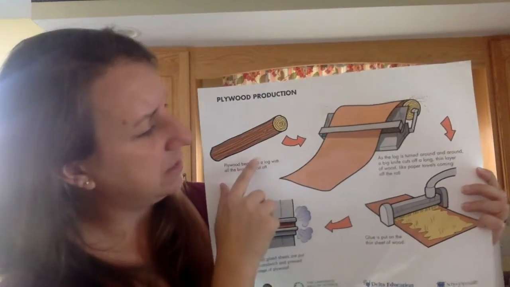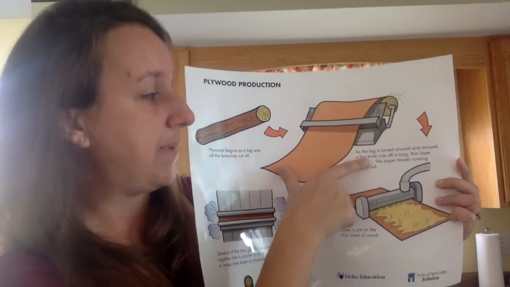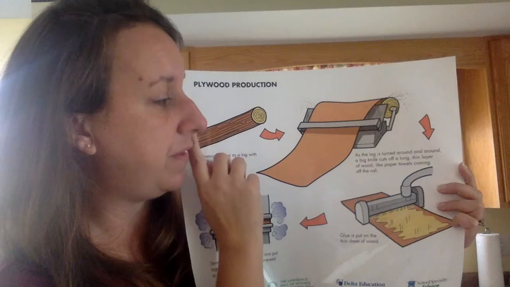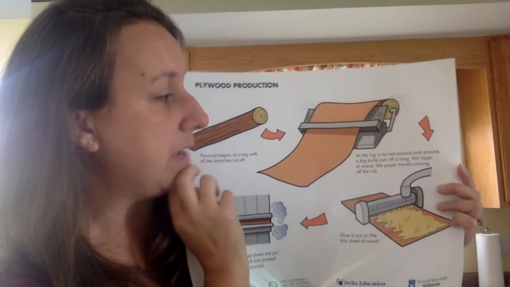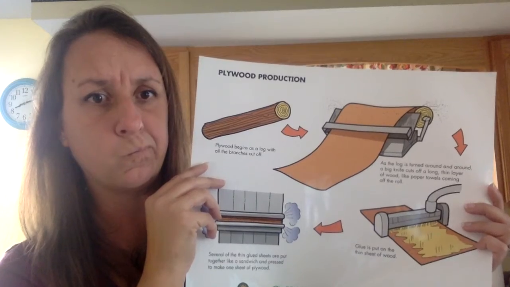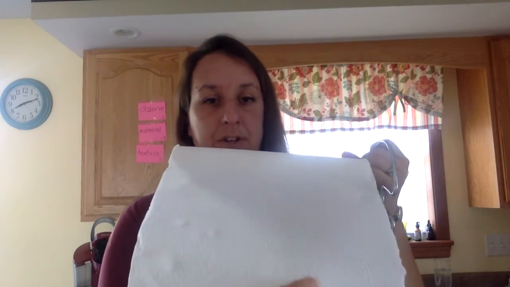What is this? As the log is turned around and around, a big knife cuts off a long, thin layer of wood, like paper towels coming off a roll. Kind of like this, right? And a big knife is shaving it to be really, really skinny.